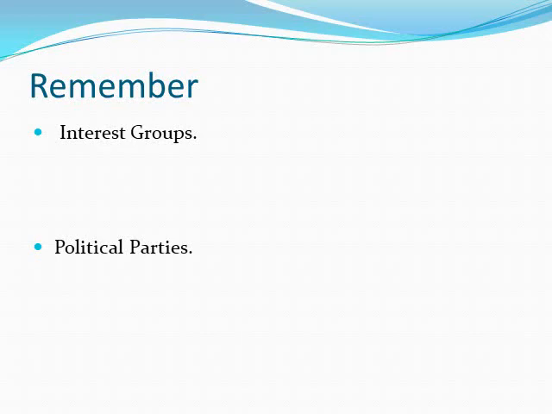Any collection of people who try to influence the government, but political parties are groups seeking to elect office holders under a given label. So the basic difference between interest groups and political parties is their goal. The main goal of interest groups is just to influence the government, but the main goal of political parties is to participate in the government.